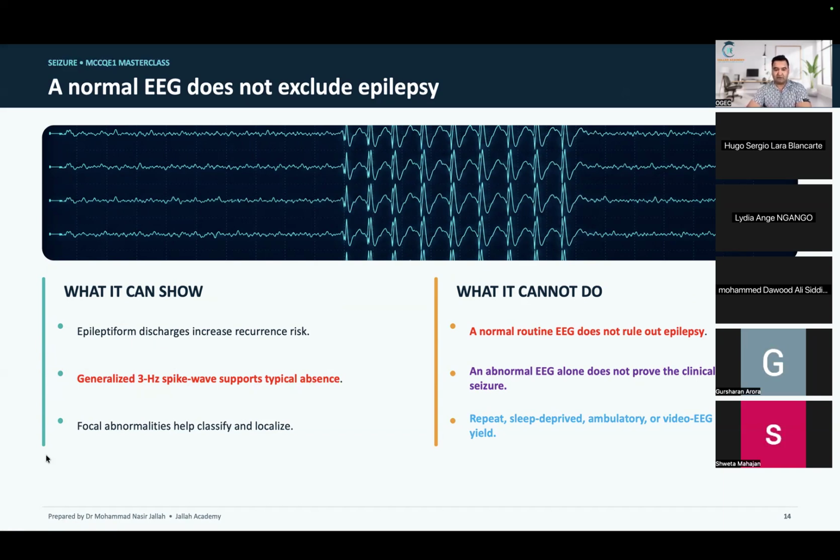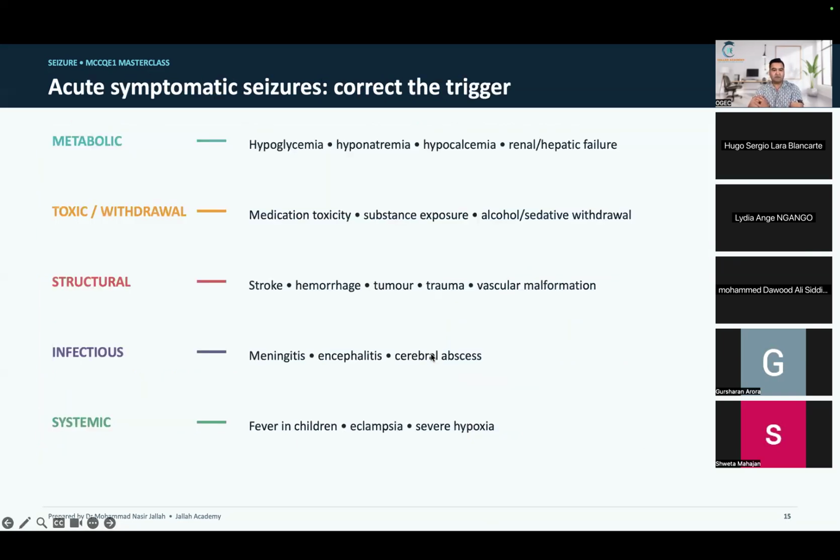Focal abnormalities help classify and localize. What it cannot do: a normal routine EEG does not rule out epilepsy. An abnormal EEG alone does not prove the clinical event was a seizure. Repeat, sleep-deprived, ambulatory or video EEG may increase yield.